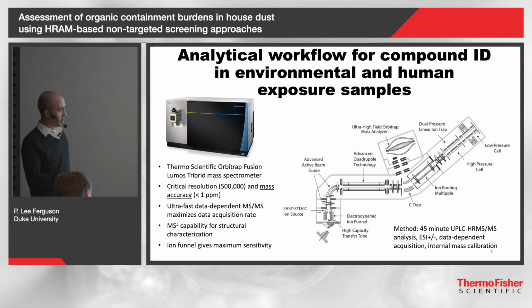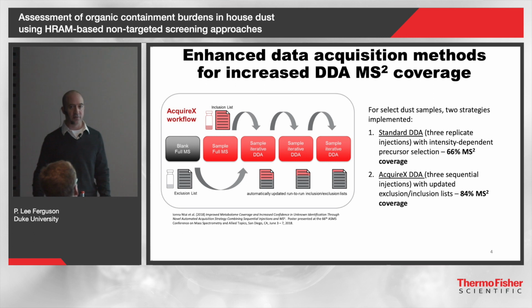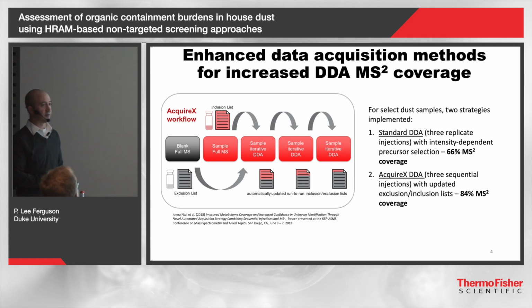We're also running relatively long runs, about 45-minute LC, ESI as well as APCI runs. We have started to use the AcquireX workflow, which has really changed the way we do a lot of our experiments. We did some testing with selected house dust samples.